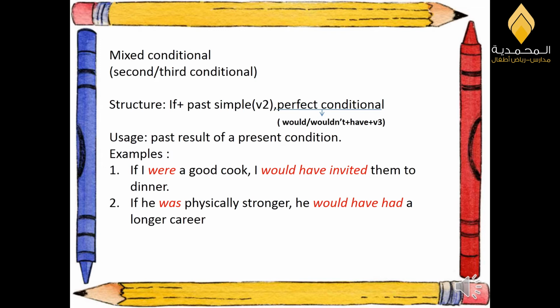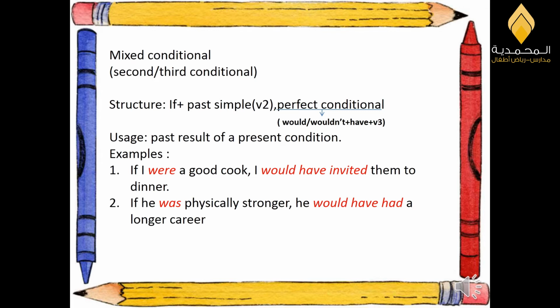Would or would not plus have plus verb 3. So when do I use this structure and how can I differentiate between the two of them? This structure, we use it to talk about a past result of a present condition.